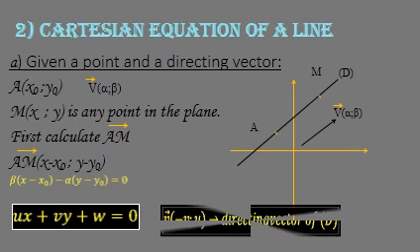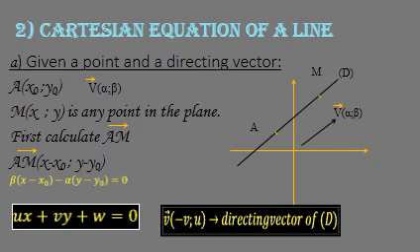And in this case, (-v, u) is the directing vector of D. So pay attention. The directing vector in the parametric equation is (a, b), where a and b are the coefficients of the parameter, while in the Cartesian equation, the directing vector is (-v, u), or (-b, a).